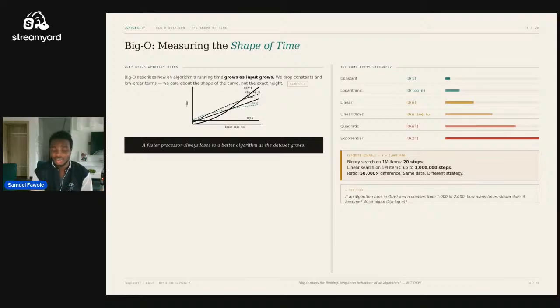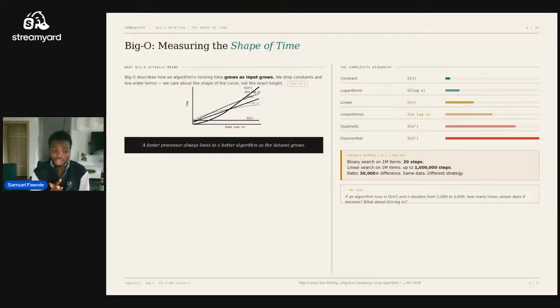That's linear. Then linearithmic, n log n, is something multiplied, and that's worse than linear.